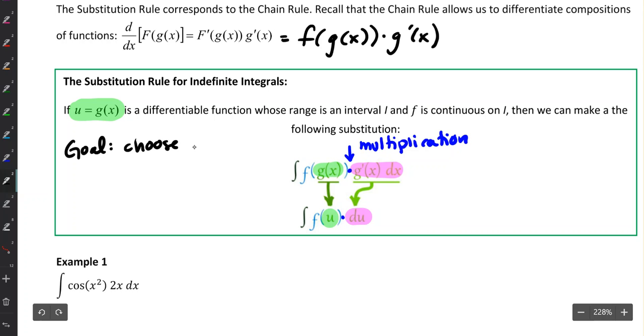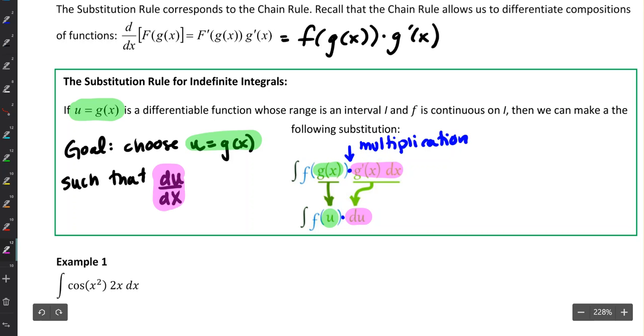Choose your u equal to some x stuff in such a way that the derivative of u with respect to x, whatever that is being multiplied in the integrand, is a factor in the integrand.